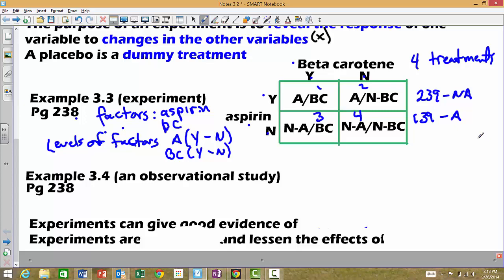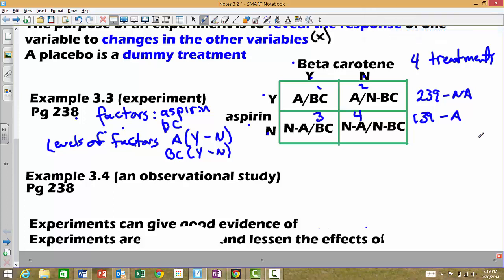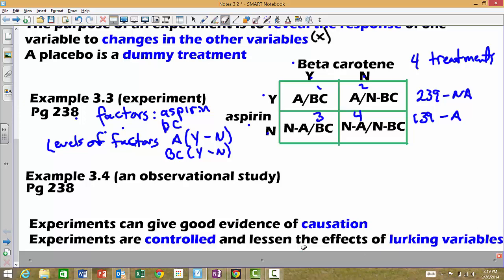So I want to make sure you know the difference between the experiment. We have factors and we impose treatments, and just observational study where they grab existing data already. Now, experiments can give good evidence of causation. Remember that word we had back in Unit 2. Correlation does not mean causation, but the reason for the experiment is to show that we can show causation. Now, experiments are controlled so that they can lessen the effects of lurking variables.